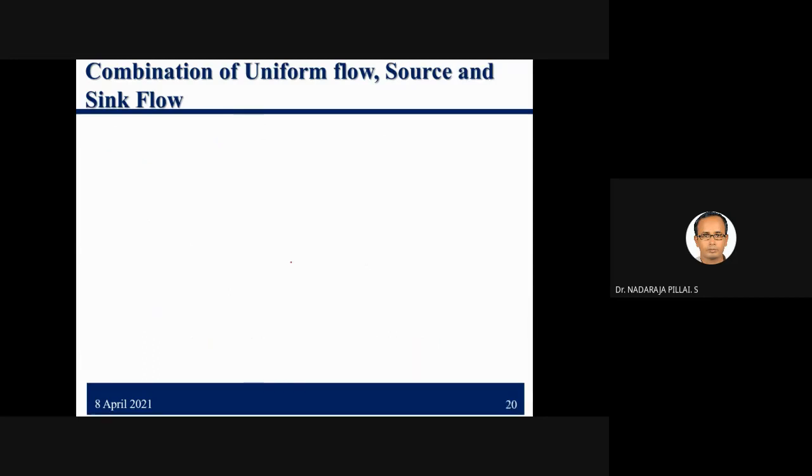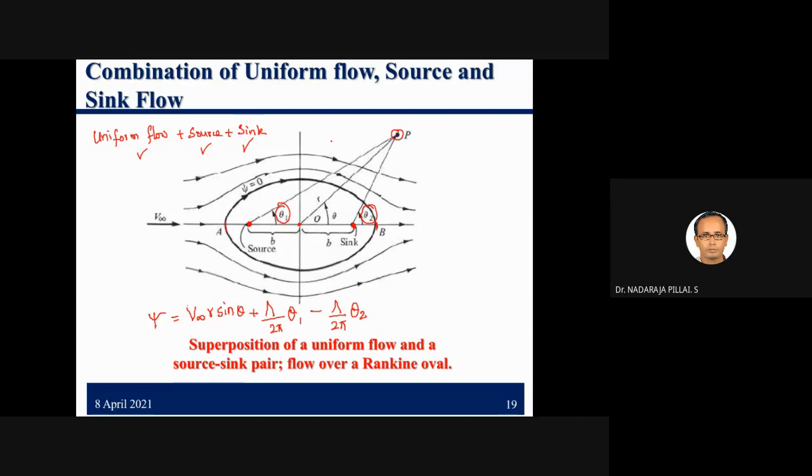Okay, thank you. So we can write this stream function psi that is equal to V infinity r sine theta plus lambda by 2 pi, theta 1 minus theta 2. The same equation, right?